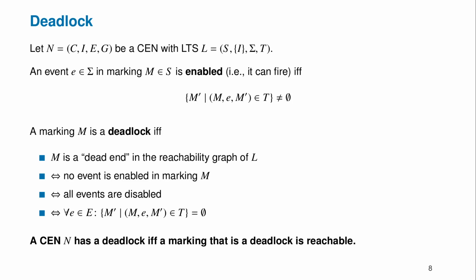If there is no event enabled in marking M, which is the same as all events being disabled, or, using the definition above, for all events E, they do not have any reachable successor states. And a CEN has a deadlock if there is a marking that is a deadlock and is reachable.